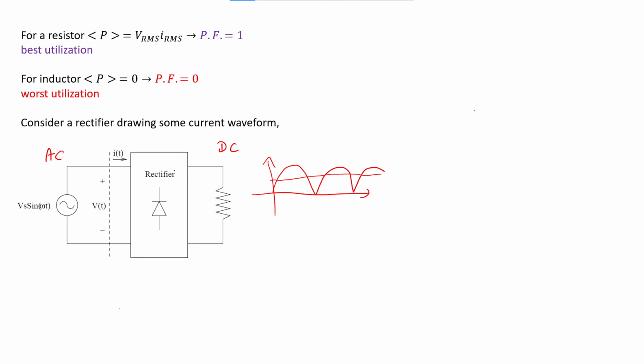Here is a rectifier bridge, this is just the symbol for a bridge. In here you have a collection of diodes connected in a way that you can convert from AC to DC like this. Okay, so AC is like this.